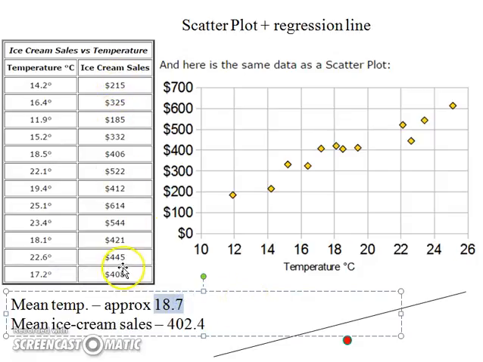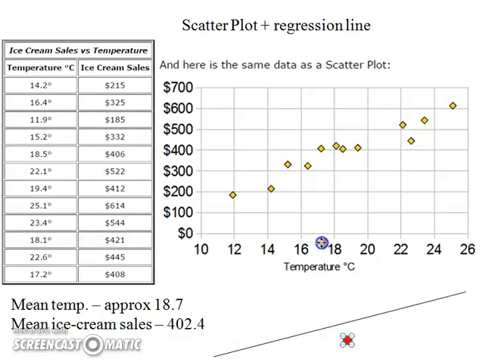Add all the sales up, divided by 12, my mean sales will be 402.4. So I'm just going to put that point down. 18.7 is almost 19, approximately right in the middle of 18 and 20, and my y will be 402.4, a little bit above 400. So somewhere there. That's my mean.